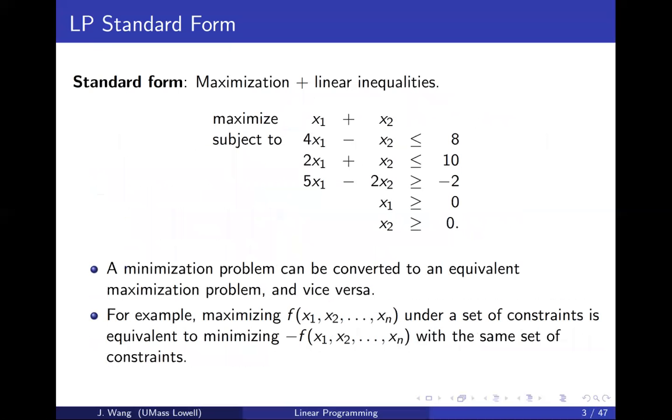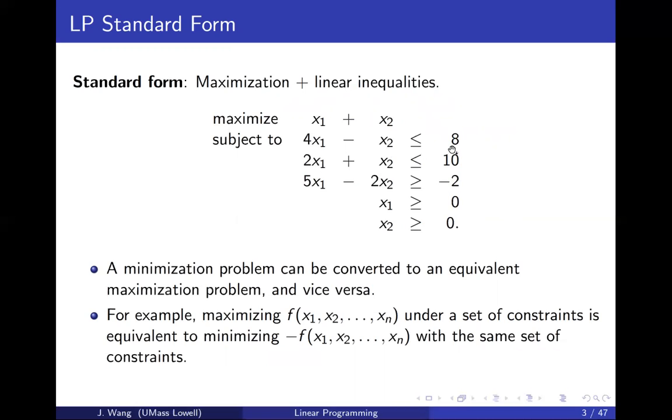Okay, so let's see an example in a standard form, which is maximization with a set of linear inequalities. So look at here, we have two variables, x1 and x2. We have three inequalities as constraints.